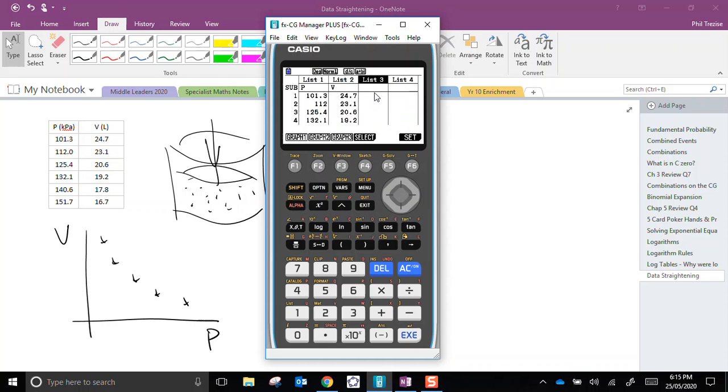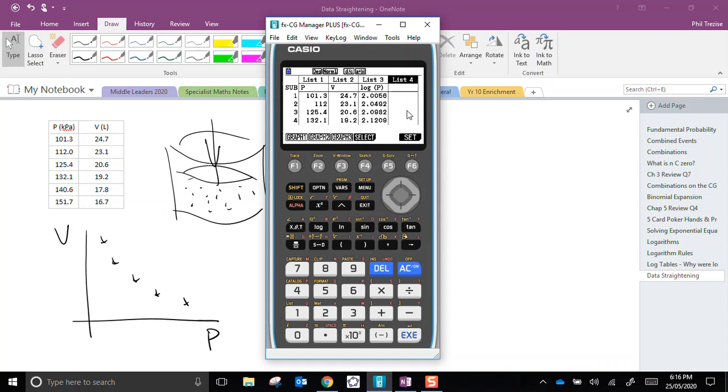We are going to do the logarithm of each of these. So in list 3, I will calculate the log of list 1. And to remind myself, I'll put a little subheading here that is the log of P. So that's just a label. Now let's move across to this one.